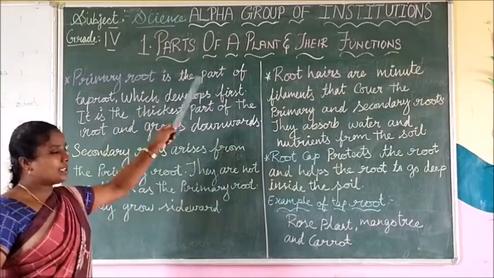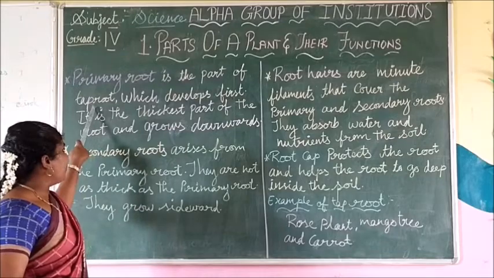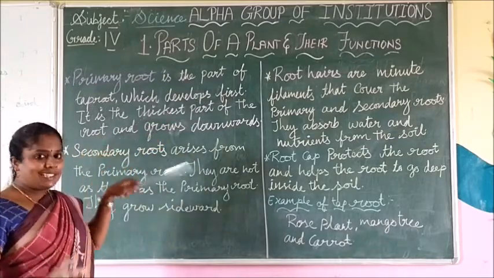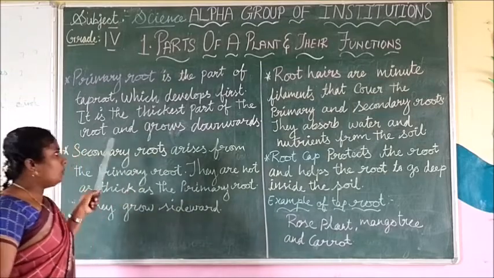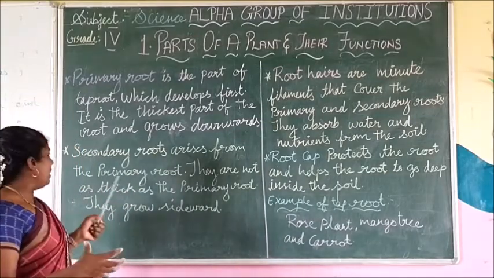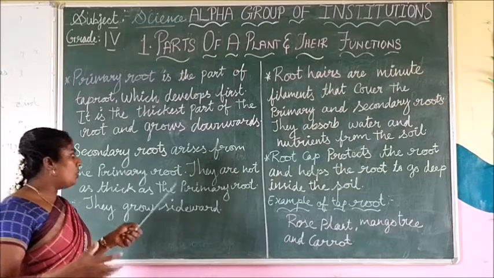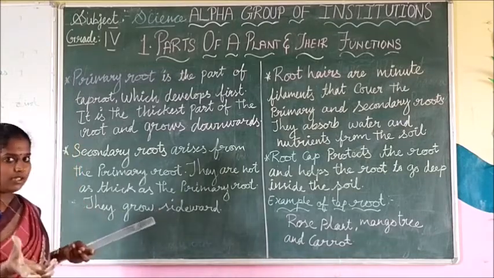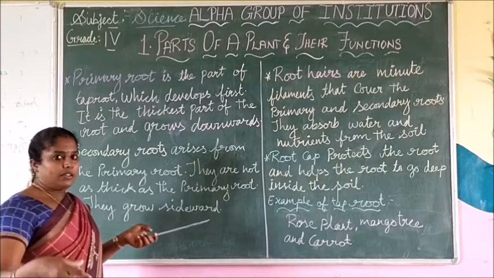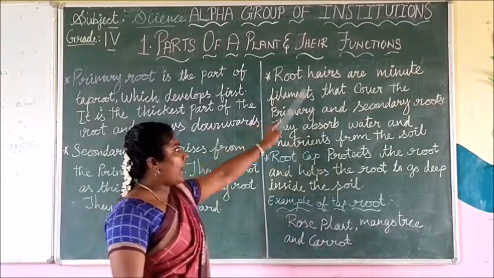So the primary root is the part of the taproot which develops first. It is the thickest part of the root and grows downwards. Secondary roots arise from the primary roots. They are not as thick as the primary root. They grow sideward.